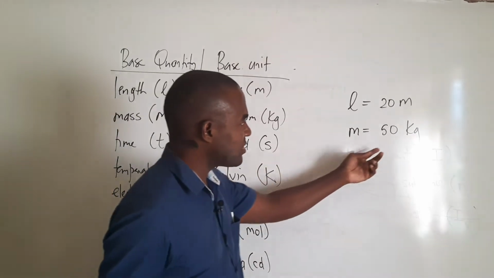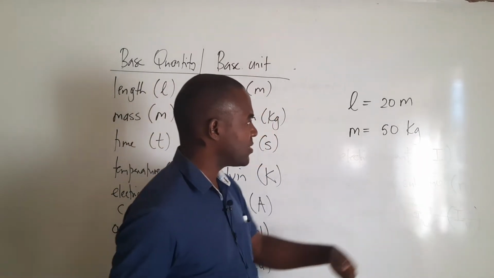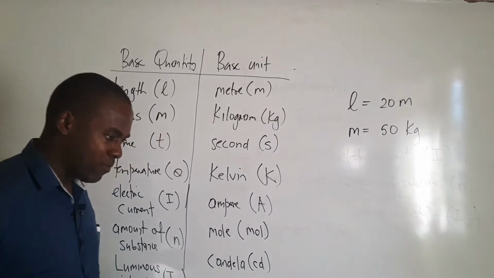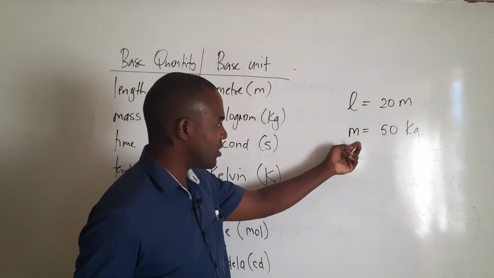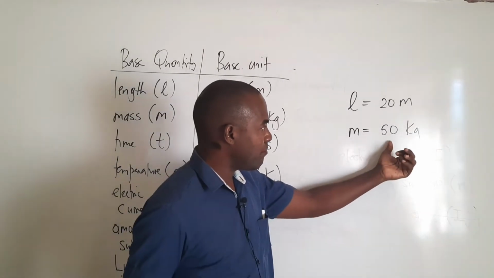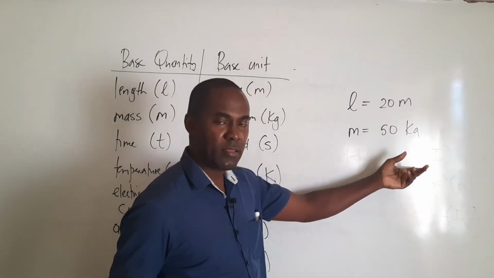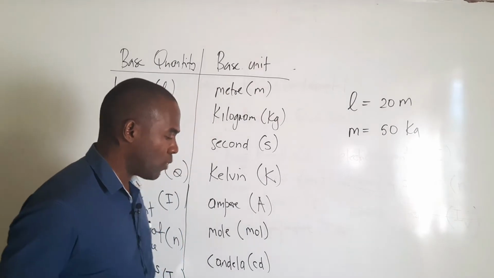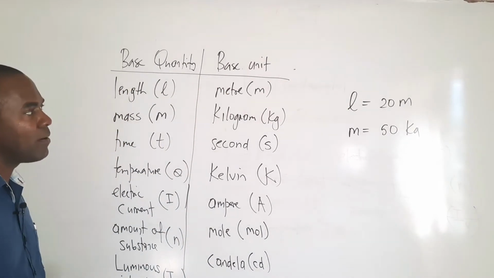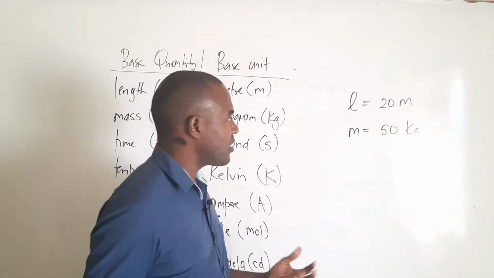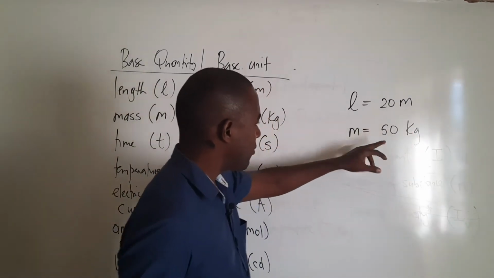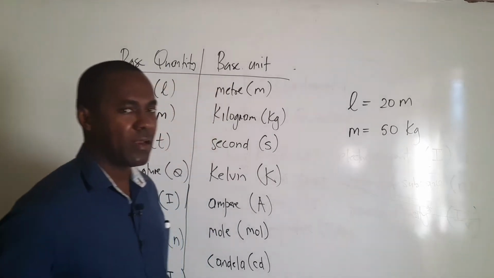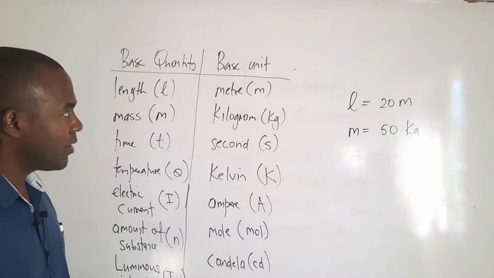So m equals 50 kg, so 50 kilograms. So what we see is that basically the physical quantity always comes on the left-hand side of the equation, and the magnitude and unit, they always come on the right. So once you understand that, then the possibility of actually confusing m for meter with m for mass significantly decreases, right?